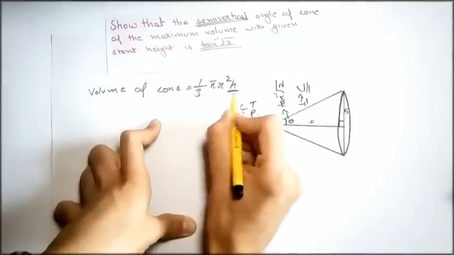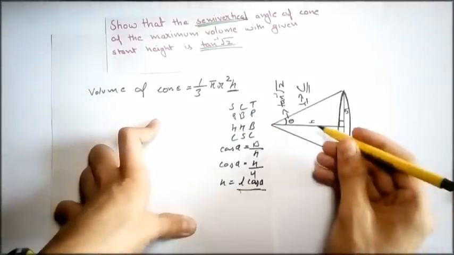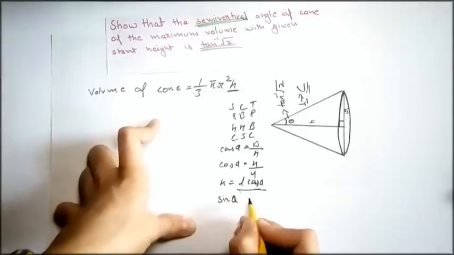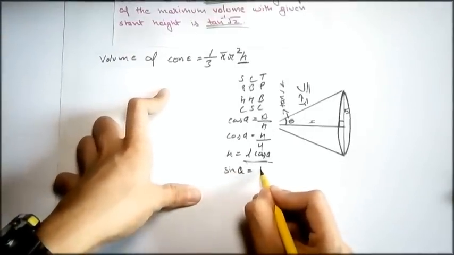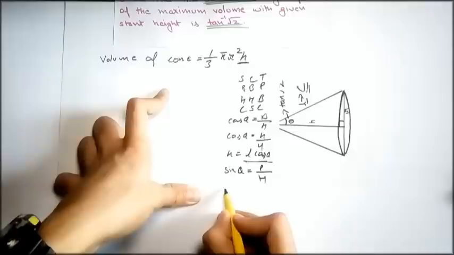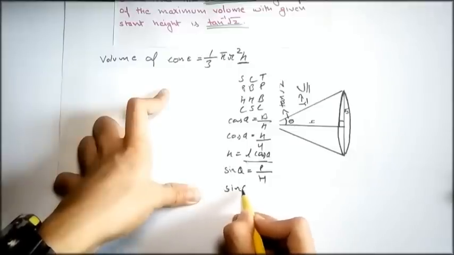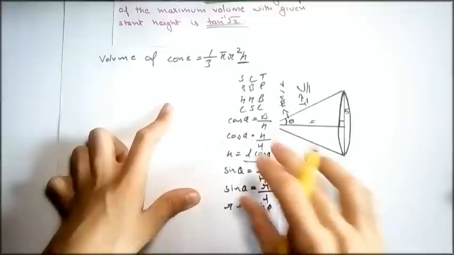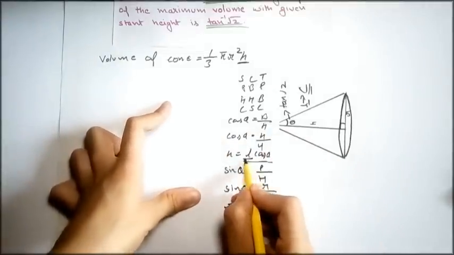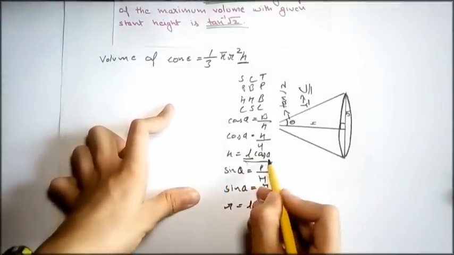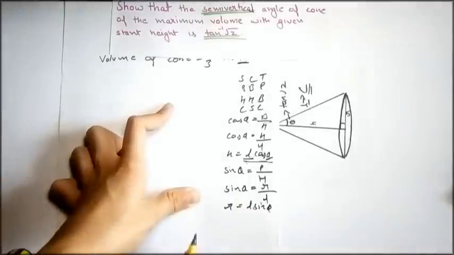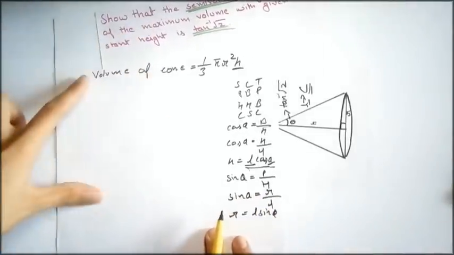Similarly, to find r we use sin theta, that is perpendicular upon hypotenuse, where the perpendicular is r, so r is equal to L sin theta. So we have a constant, L, which we won't differentiate, and theta, which is differentiable, and we can find the answer with this theta.